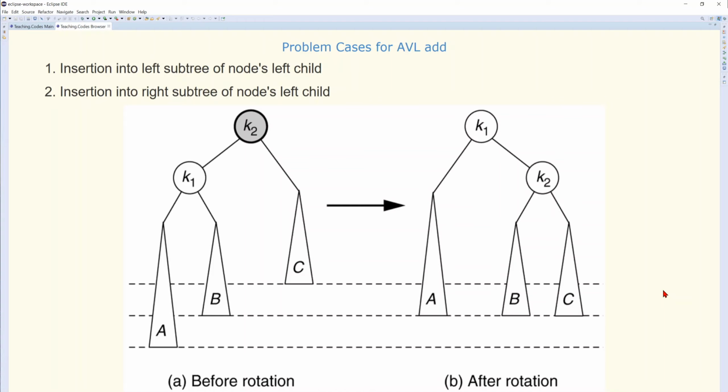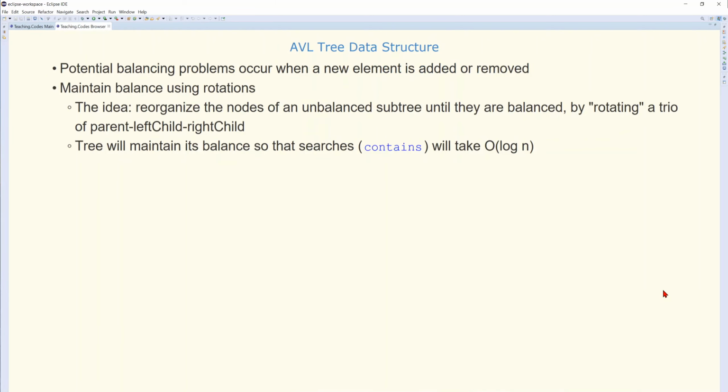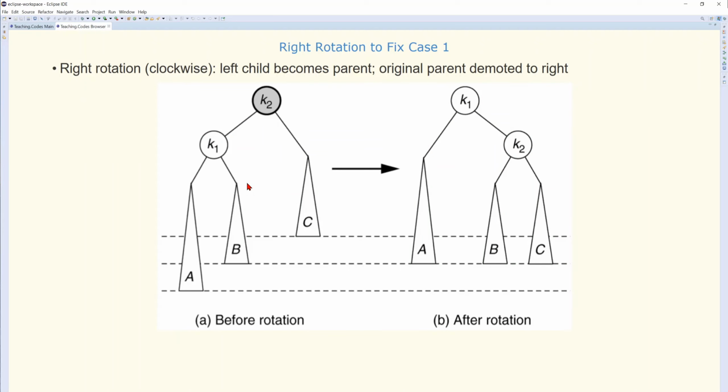One rotation will not be sufficient to solve it, so we'll have to solve it with 2 rotations, as we will see in the following examples. So, as we said, we're doing these with rotations to the left or to the right. The tree will always remain balanced after these rotations, and it will be able to do the search operations in log n time.